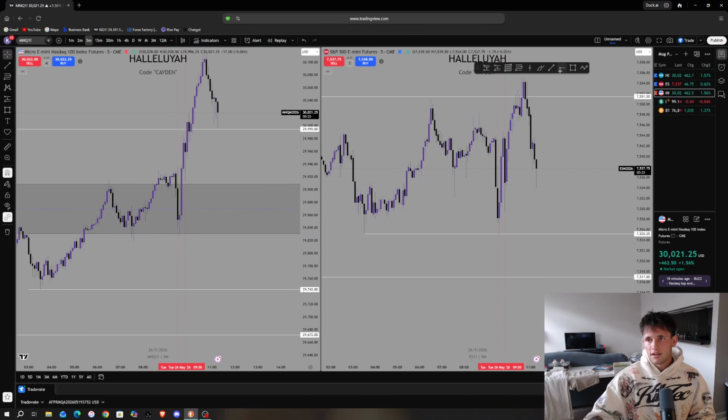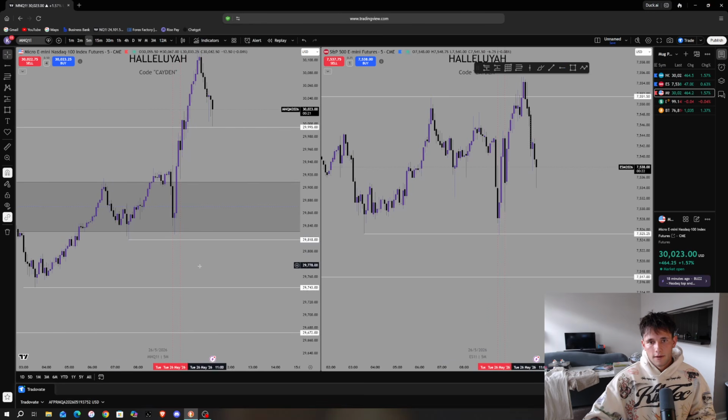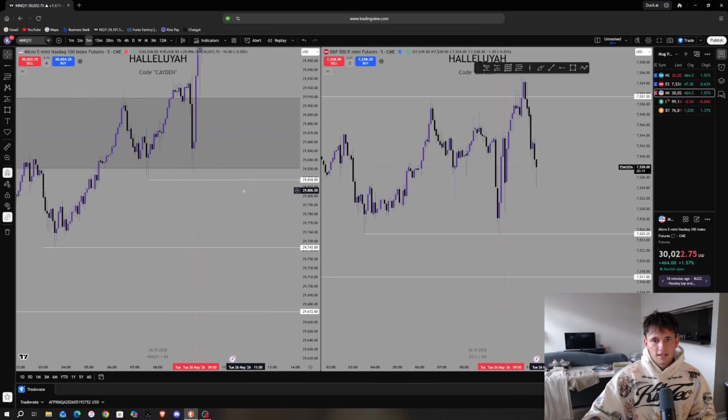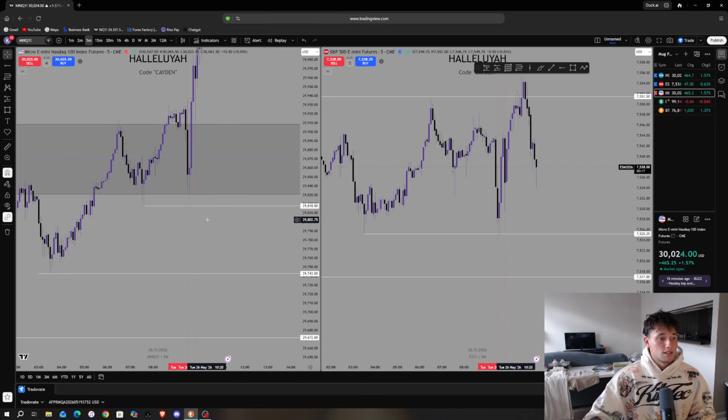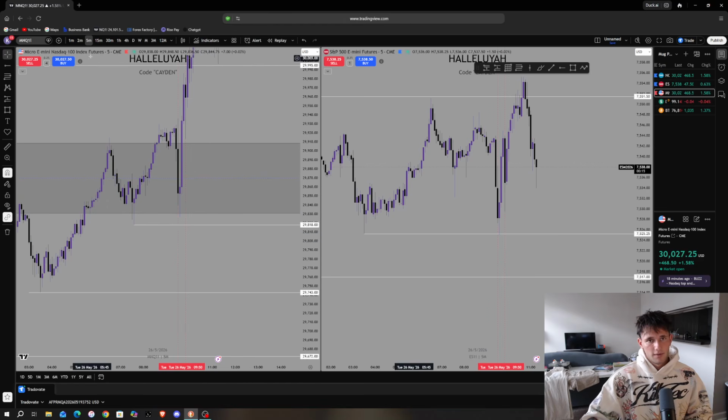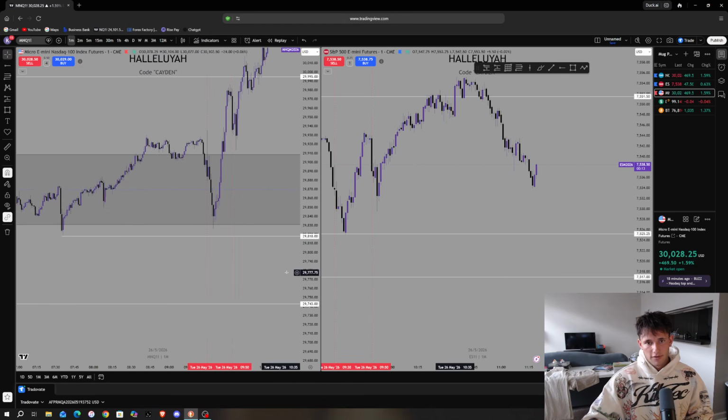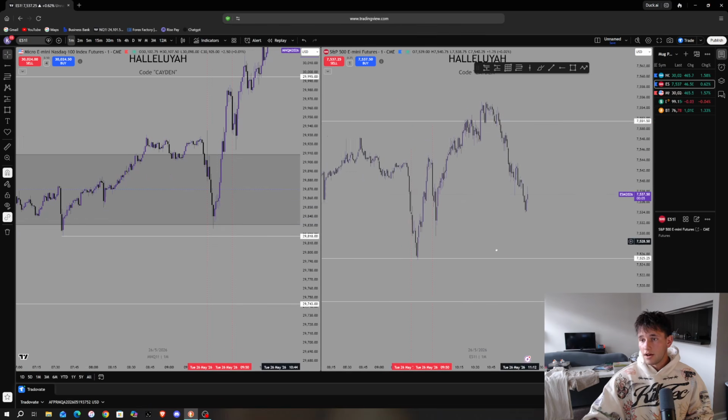And also NQ failed to take out this low. I think this is called a rejection block here. I haven't studied it and implemented it in my trading, but I know Powell definitely took longs right here, probably off this candle, especially on the retap into it.